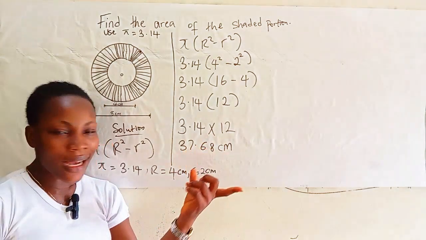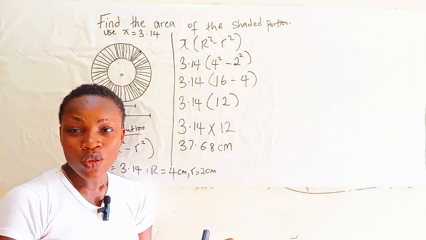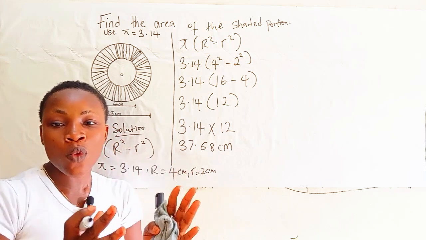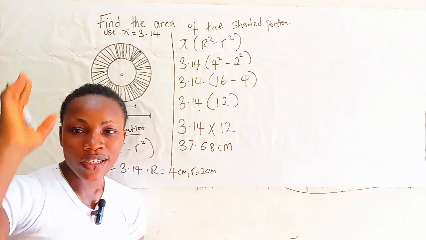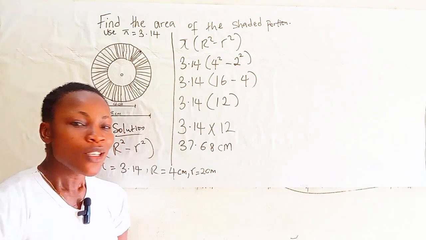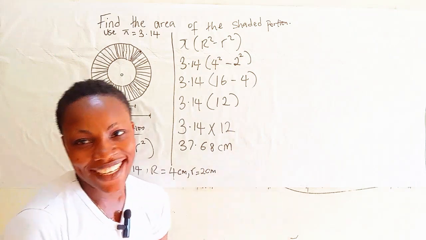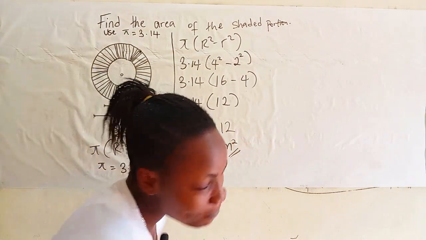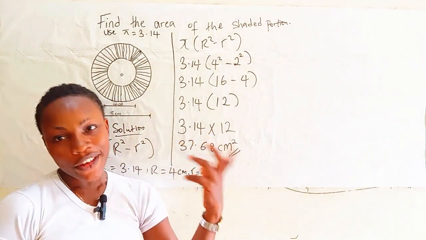This is not an area. There's a way to know whether what you just solved is area. Area has square on it, unit square, all right? So for you to get the full mark, we are having square here, all right? So if you write the answer like this, you are correct.